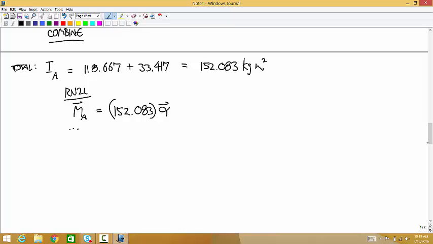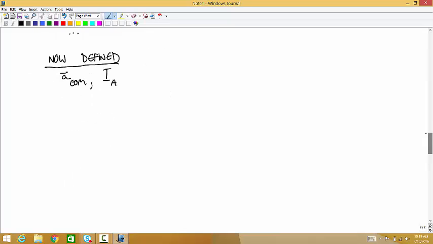Okay, so now we've defined the acceleration of the center of mass, the moment of inertia about A. Now I'm going to give you a set of steps for solving these problems, and the calculation of a moment is going to come up in them.